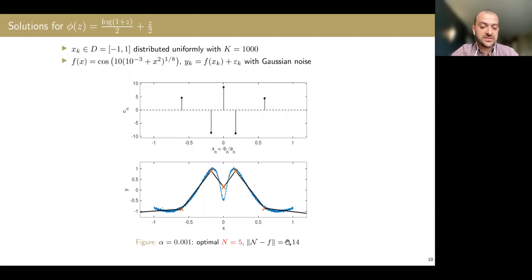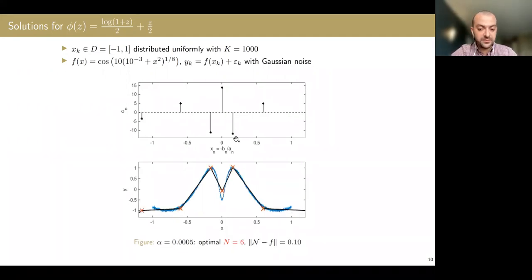In this case, the number of nodes it finds already at the beginning is very small, n equals 5, and the fidelity term is 0.14. If we keep decreasing alpha, of course you get a better fidelity. Your network starts fitting the function better, and it has to sacrifice the number of nodes; it has to increase the number of nodes to achieve that.